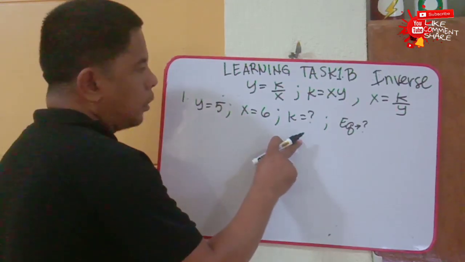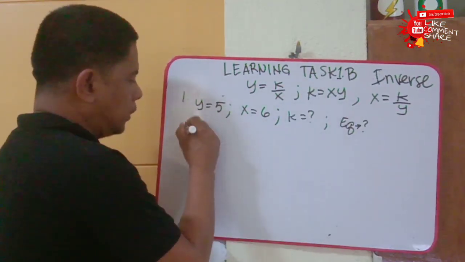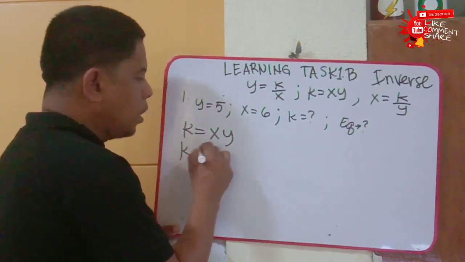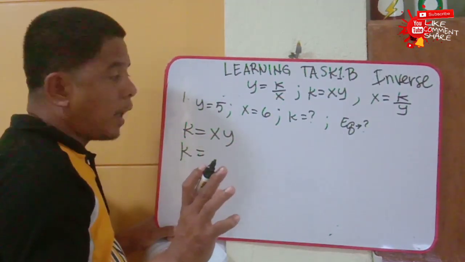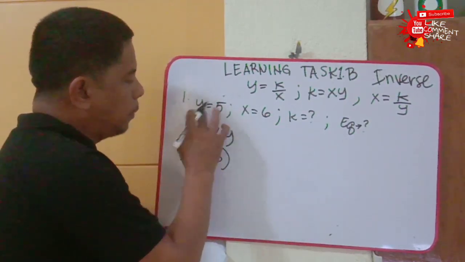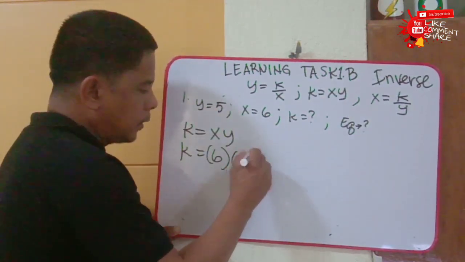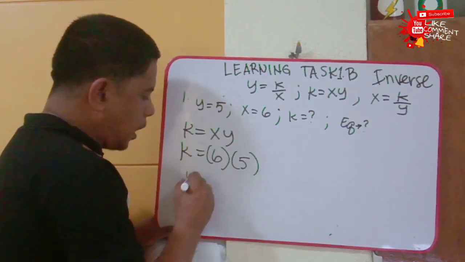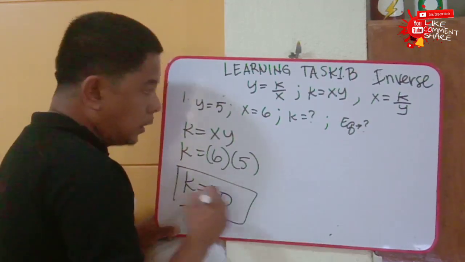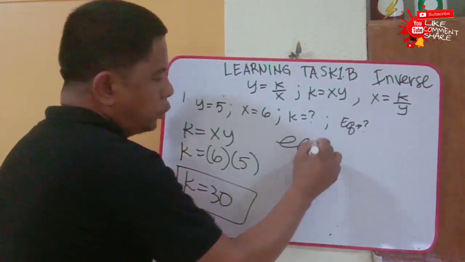Okay, how to get the constant? Constant is k equals x times y. Substitute the value of x and y. X is 6 times the value of y, which is 5. So, 6 times 5, k equals 30. Ito yung constant natin. How about the equation?